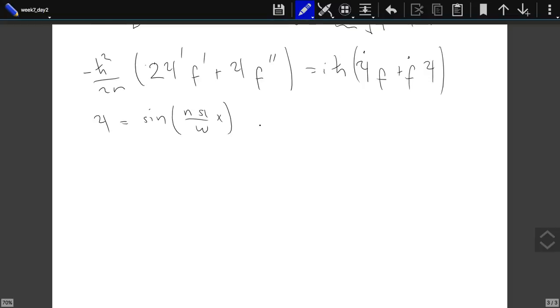So if this is psi, I know psi prime is cosine n pi over omega x times n pi over omega. And now psi double prime I don't need.